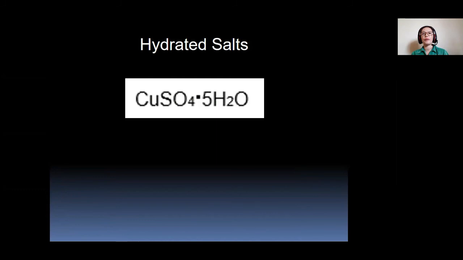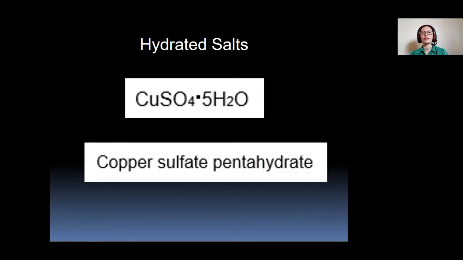Looking at number 5, in this example, you are going to make use of Greek prefixes still. So it's penta and then hydrate. So name first the salt. It's copper sulfate. Then 5 is penta and water is hydrate. So this is named as copper sulfate pentahydrate.